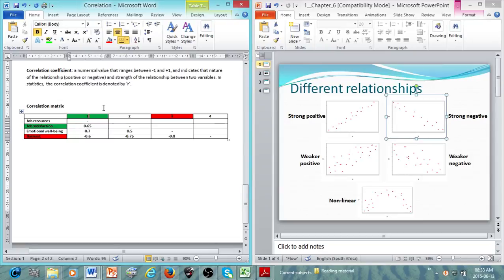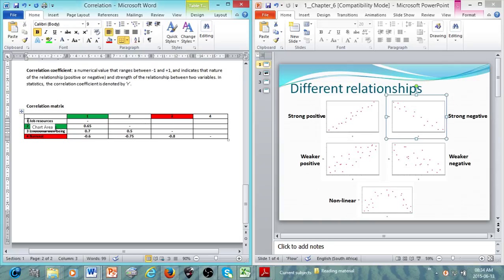So sometimes people get scientific terms that are very, very long. They would take up the whole of these columns. So to save space, what researchers do is they use numbers to refer to the variables in the correlation matrix. So here, for example, I'm numbering the variables.